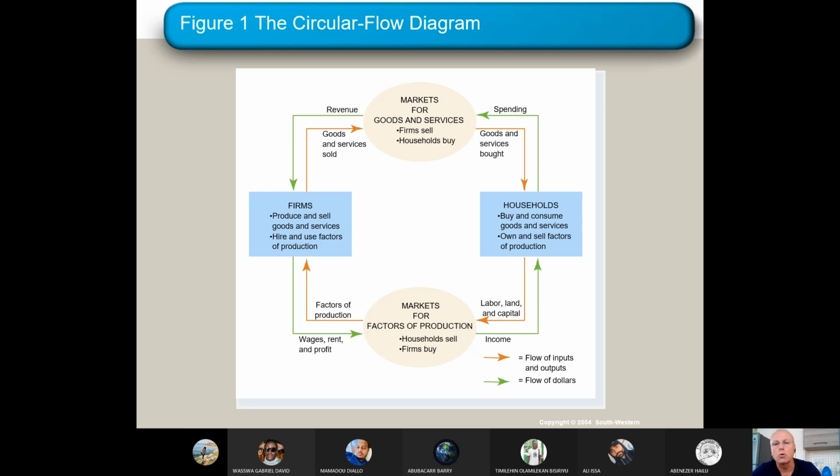And this income will then be directed to the system again as spending, because the household owner is also the owner of the factors of production, and they use this income for buying reasonable goods and services for their existence, for their nutrition. And this is important for being able to understand the goods market and the financial markets in the economy, which is illustrated to you with this circular flow diagram.